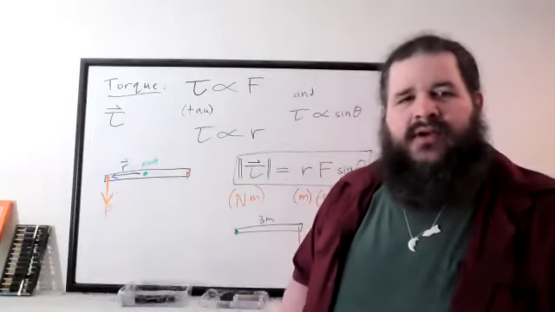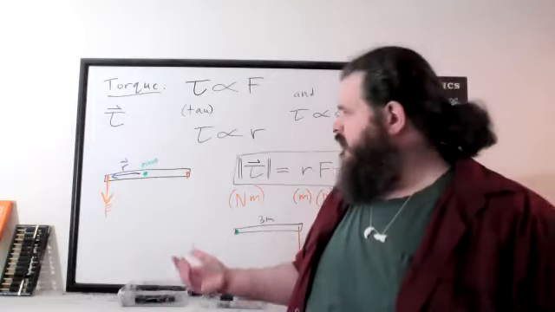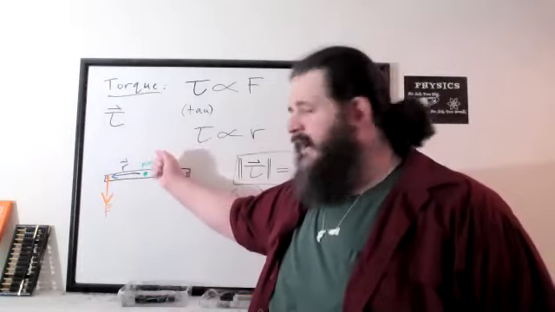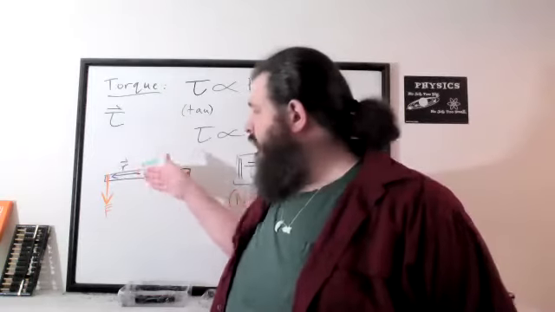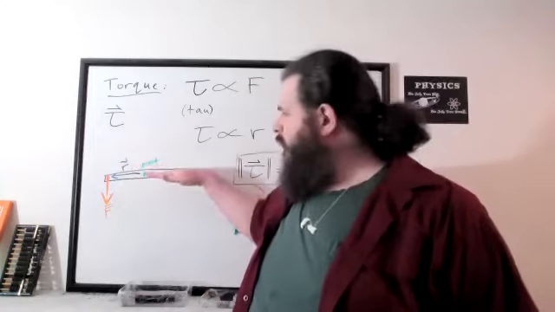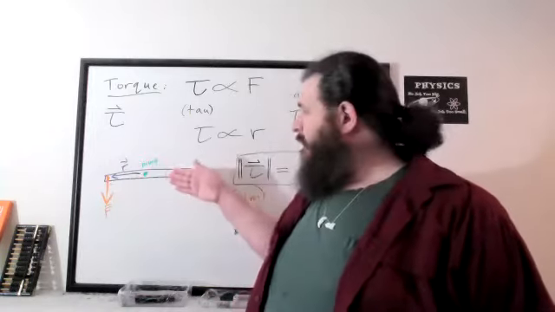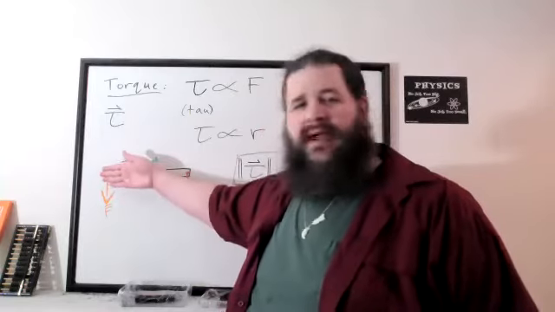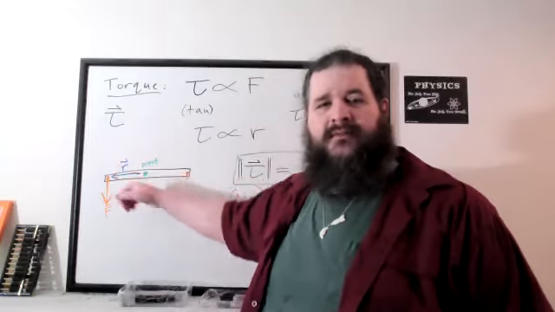And there are several ways you can find that using a right-hand rule. The way I usually think of it is if you put your hand at the pivot point and stretch out your fingers straight along the radius, straight towards where the force is located. And note that while pointing my hand this way, I can still swivel it like this. But I want to be able to point my fingers straight towards the location of the force and be able to curl my fingers in the direction of the force.